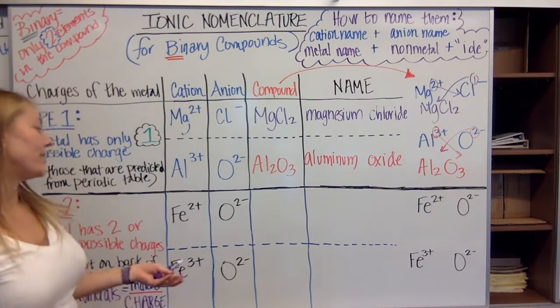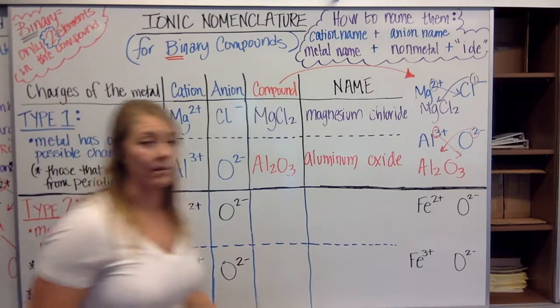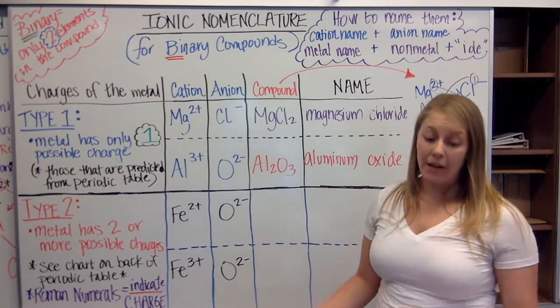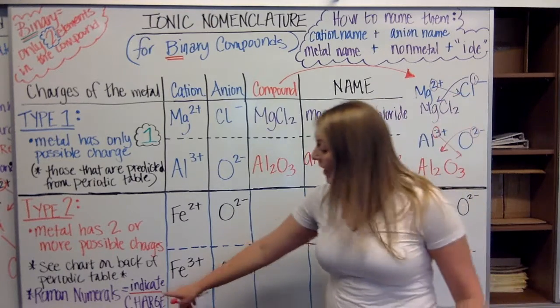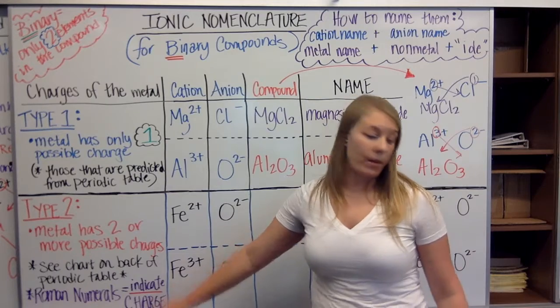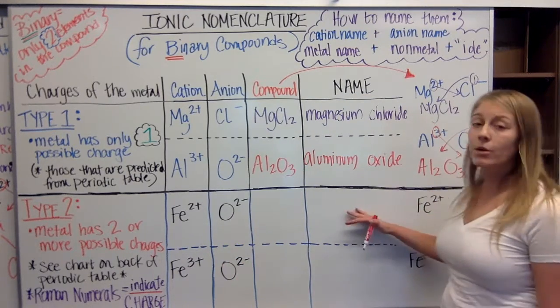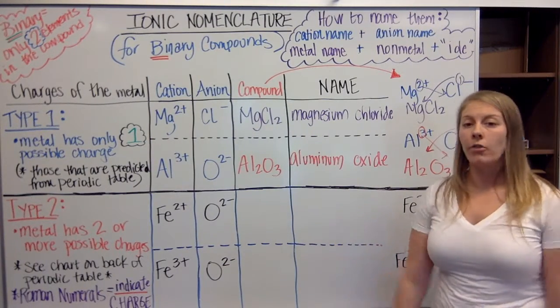So you know which ones they are. They can have 2 or more possible charges, sometimes 2, sometimes more, and you look on the chart on the back of the periodic table to figure out that charge. It will tell you what the charge is. All right? And then when we're writing the name, we're going to use Roman numerals to indicate what that charge is. Because if you don't use Roman numerals, nobody would know what cation you're working with.